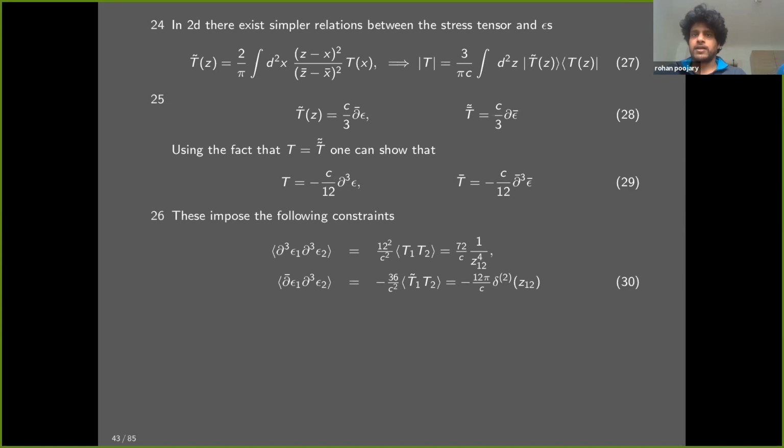It turns out that the 2-point function of epsilon is constrained by these 28 and 29 to follow these relations. Okay, as I had already said, that t tilde and t basically ought to be a delta function, which also constrains your 2-point function of epsilon. Note that the 2-point function of epsilon has both holomorphic and non-holomorphic parts.